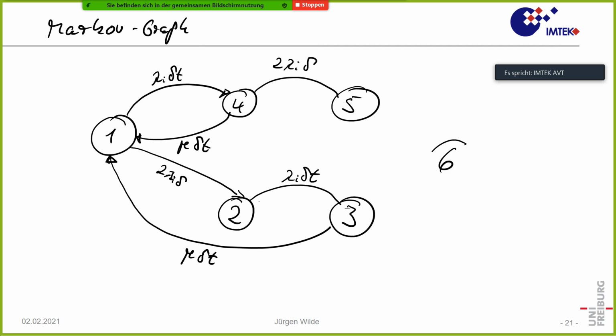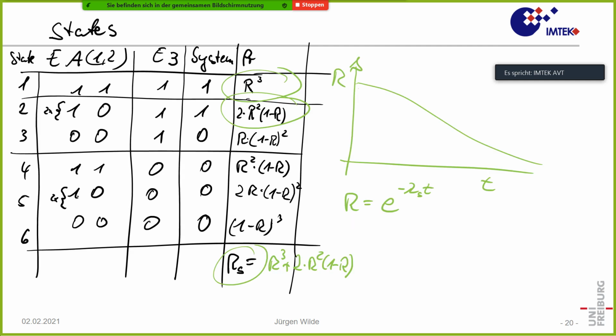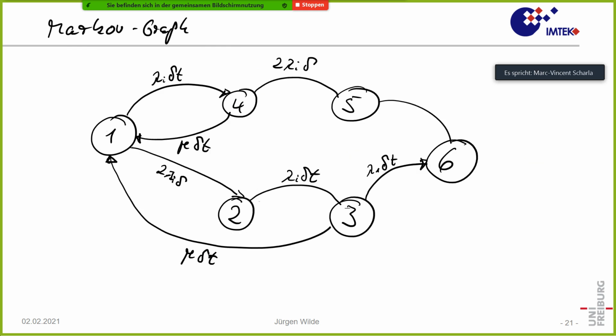And then we have state 6, and to state 6 we can come in 2 ways. Lambda E dt. And from state 5 we can also come here.